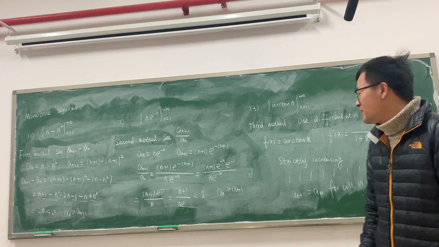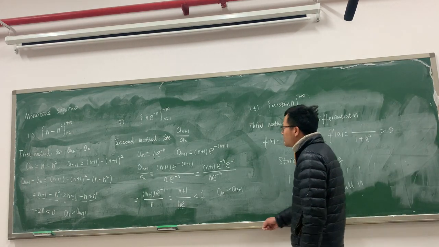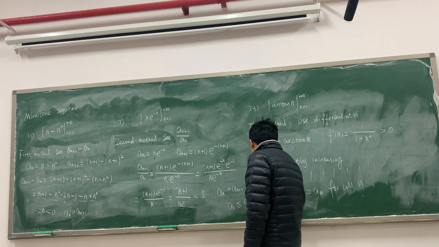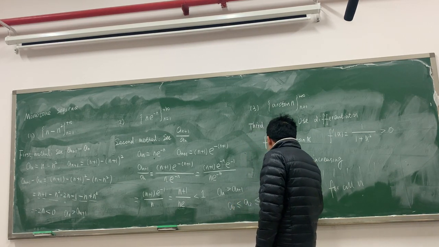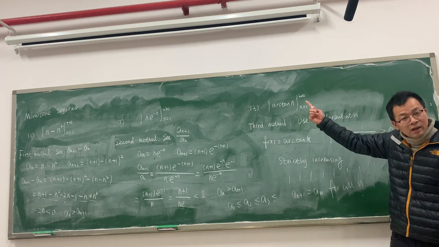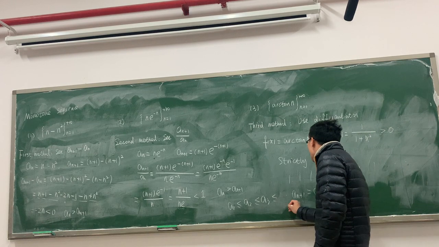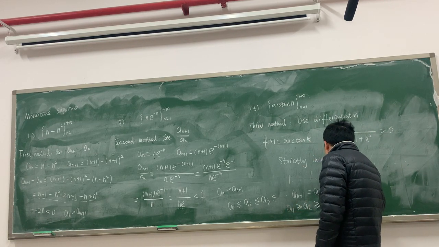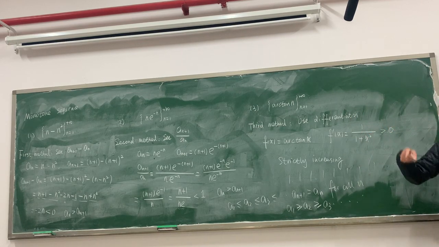Because you can see a_1 is less than or equal to a_2, a_2 is less than or equal to a_3. So of course it's increasing. Of course it's also decreasing, a_1 is greater than or equal to a_2, greater than or equal to a_3.